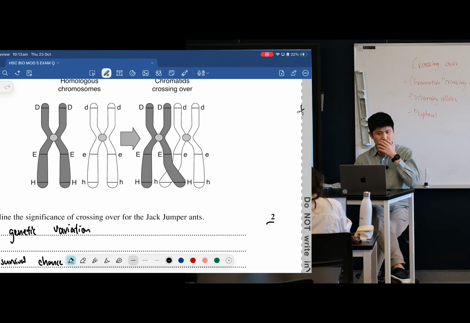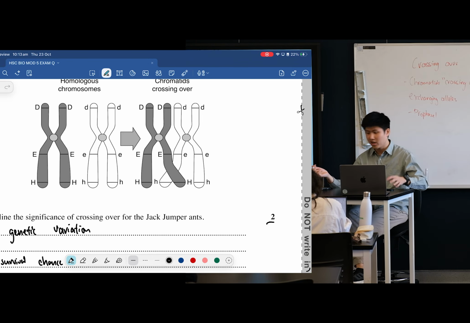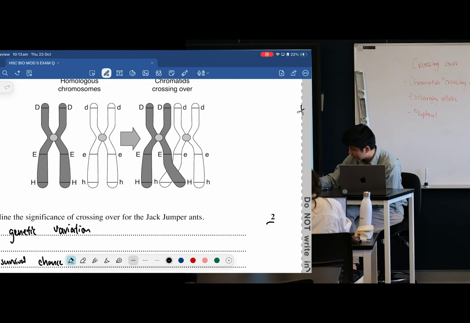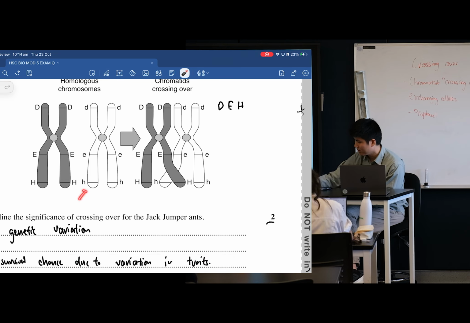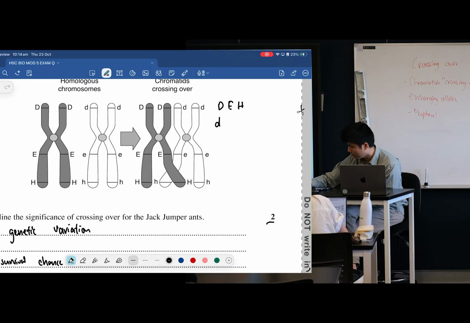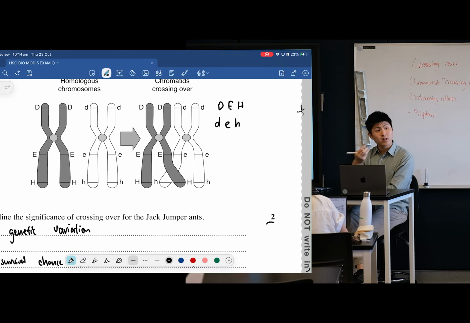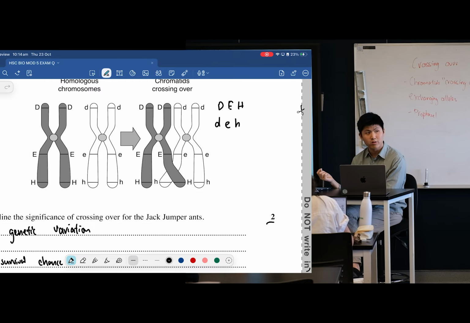Well, I have my combination before any crossing over happens, which is this one. So combination 1 is big D, big E, and then big H. Combination 2 is just when nothing else happens, so this one: lowercase d, lowercase e, lowercase h. My third and fourth combinations are when crossing over has happened.